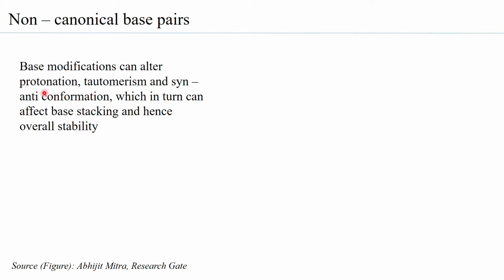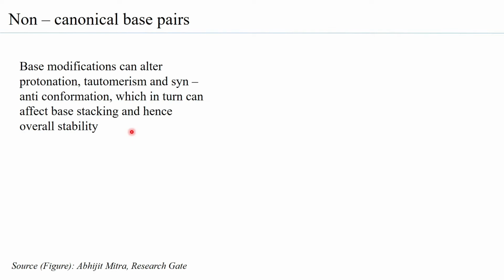All of these changes, whether a change in protonation, in tautomerism or in syn-anti conformation, are going to affect base stacking. And when they affect base stacking, the overall stability of the entire helix is affected, even if it is a mini helix. By mini helix, I mean just a few base pairs coming together to form a secondary structure.